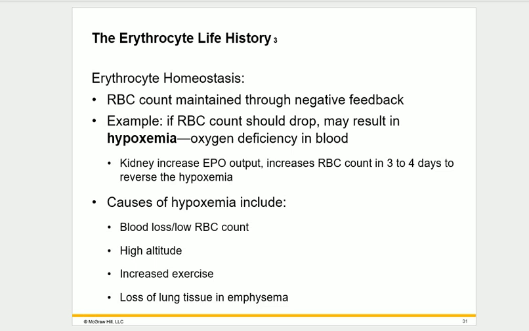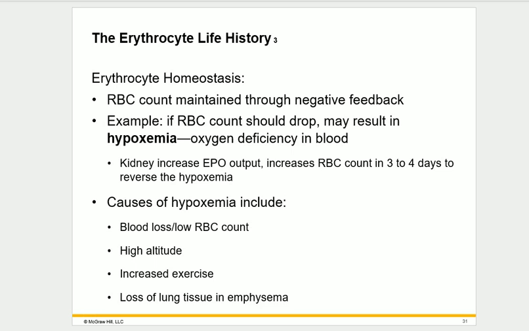How does red blood cell count drop? That could happen from hemorrhaging, from blood loss, from a cut or anything like that, an injury, and that can result in hypoxemia, which is oxygen deficiency in the blood from severe blood loss, for example.